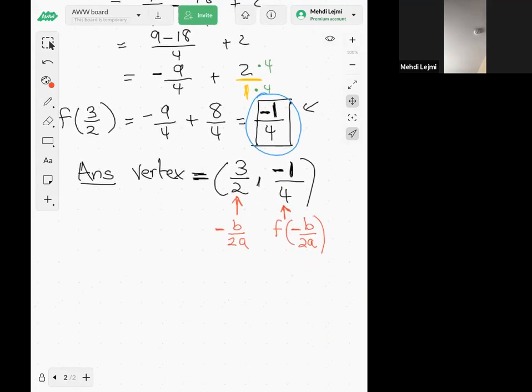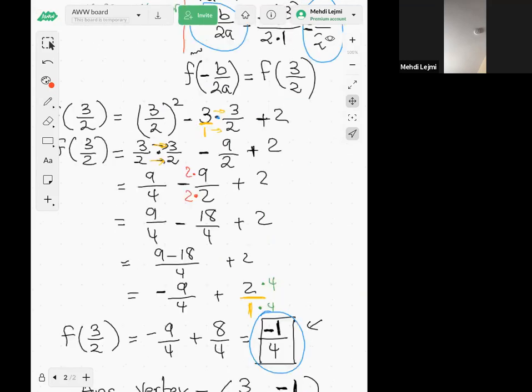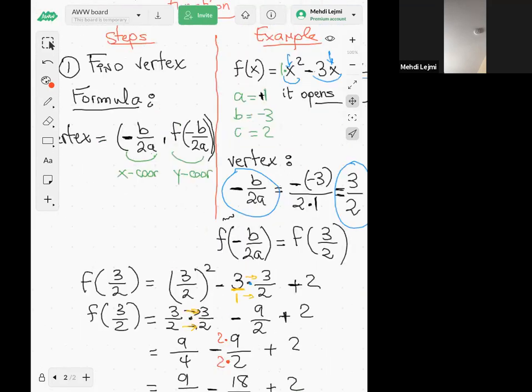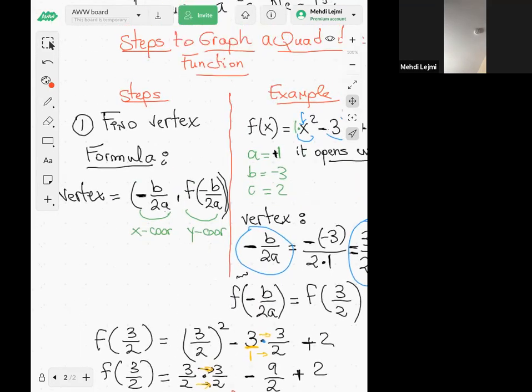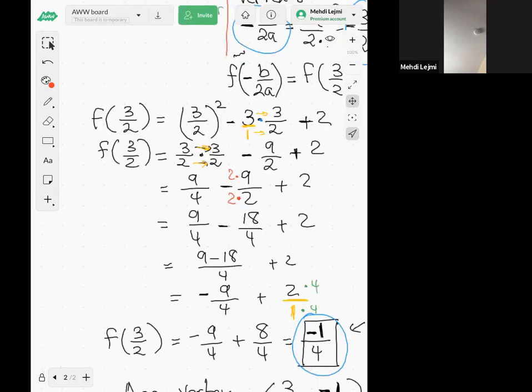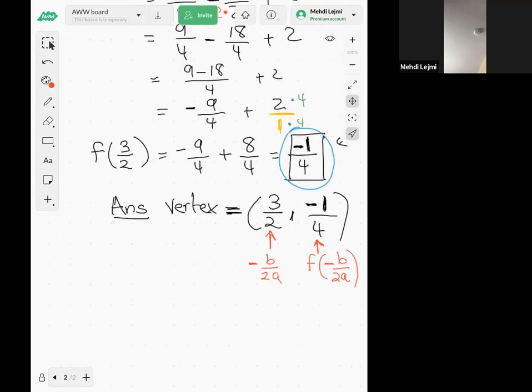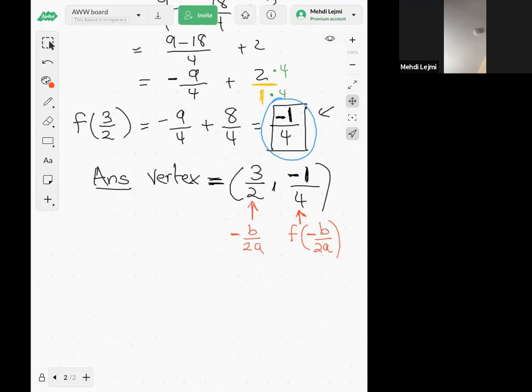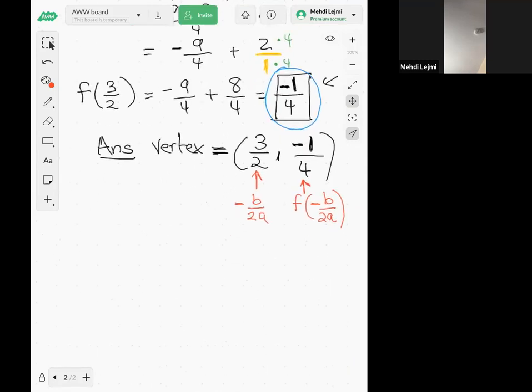Now, second step. So this is my first step, graphing my quadratic function. So we said, remember, we said step one, we need to find the vertex, and we have this formula for the vertex. Now, next step, if you want to graph a quadratic function, would be to find the x-intercept and the y-intercept.